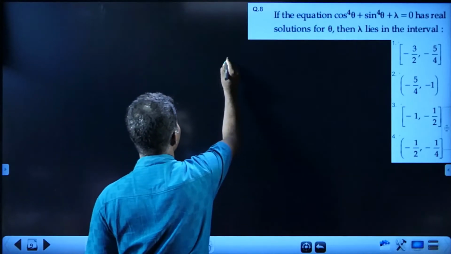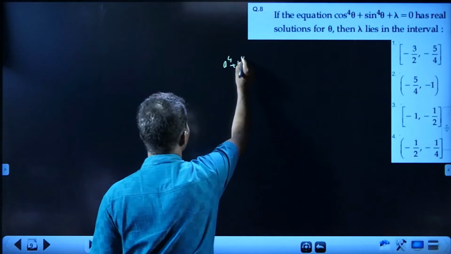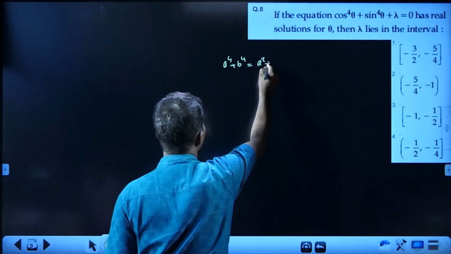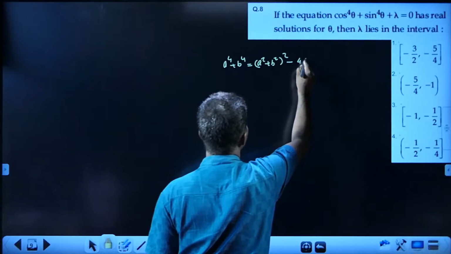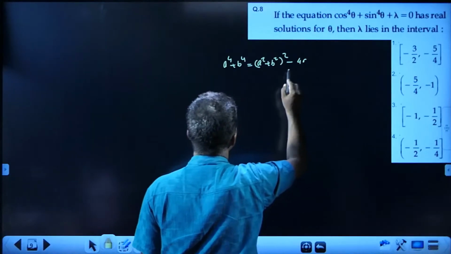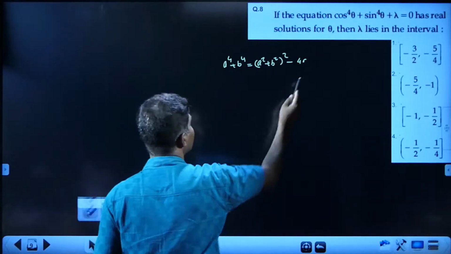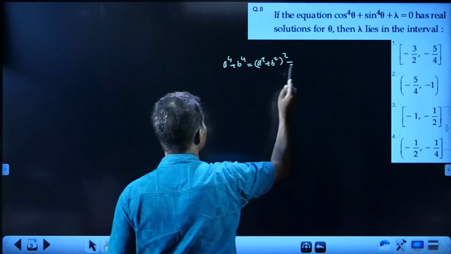What is it? a raised to 4 plus b raised to 4 is equal to a square plus b square, the whole square, minus 2 times a square b square.